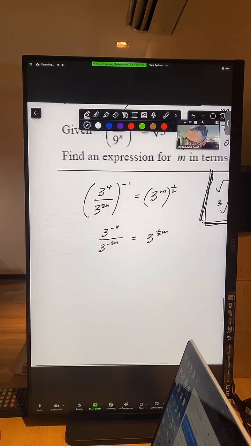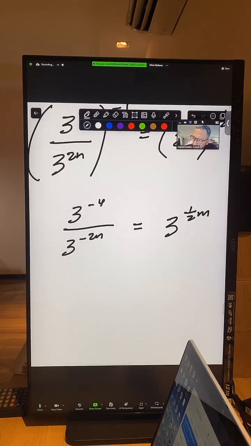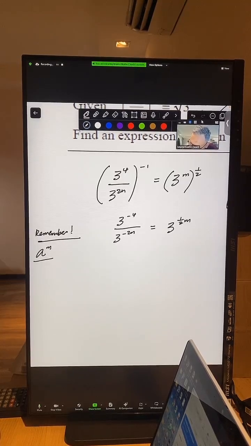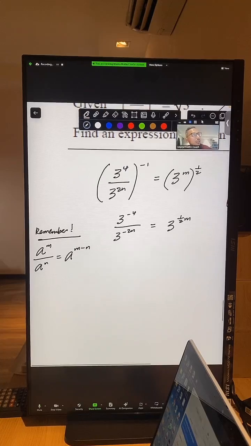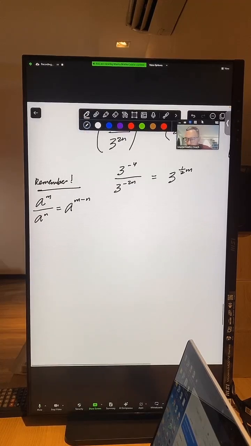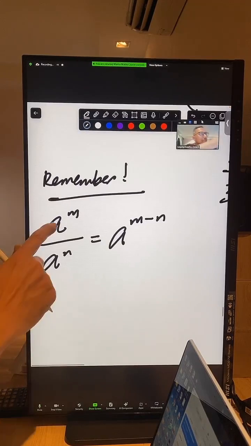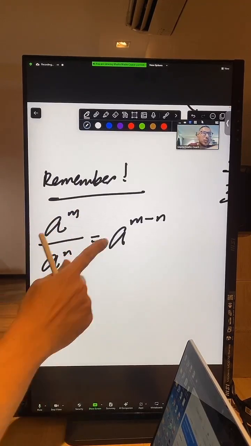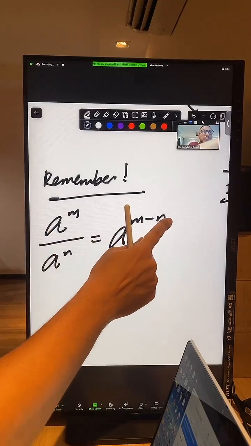Okay, so now on my left hand side, now this is very important, you all must remember this. If you have a to the power of m over a to the power of n, this is a to the power of m minus n. Okay? So when the base is the same, a and a, you have power m here, you have power n here, you will have m minus n.